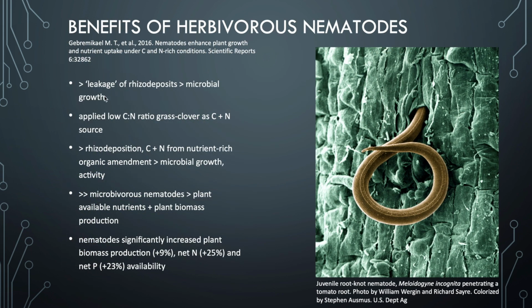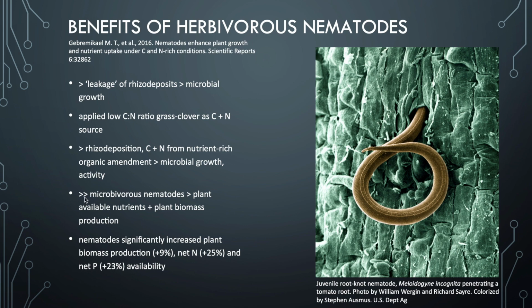Now we have learned that herbivorous nematodes increase the leakage of rhizodeposits into the soil, and that increases microbial growth. In this particular study, the authors applied low carbon to nitrogen ratio grass clover as a carbon and nitrogen source and documented an increased rhizodeposition and noticed increased microbial growth and activity as a result of carbon and nitrogen provided by nutrient-rich organic amendments.